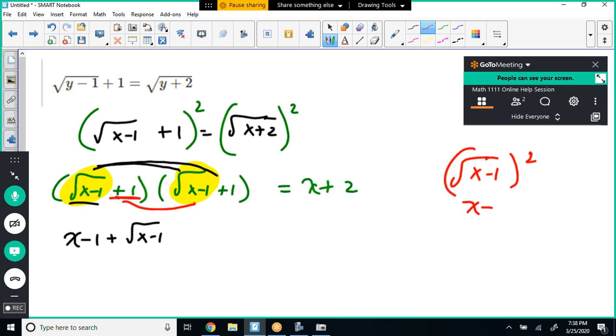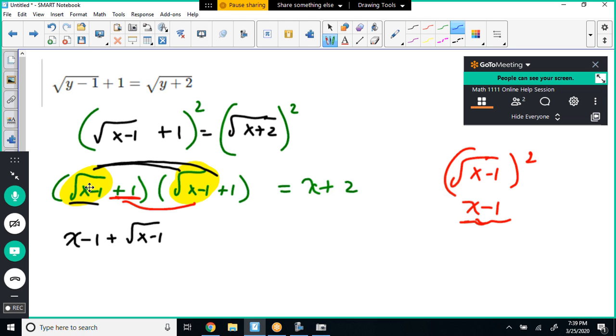So really it's going to leave me with just x minus 1, right? The two yellows being multiplied gives me the red over here, which is just that. Okay? That's a pattern. That's going to happen 100% of the time. You take it to the bank. It's going to be that way.